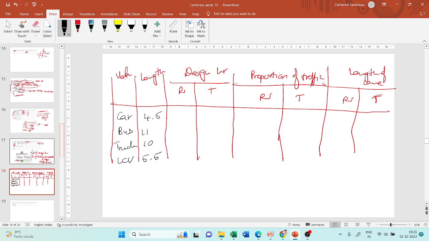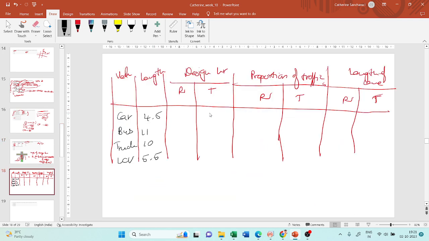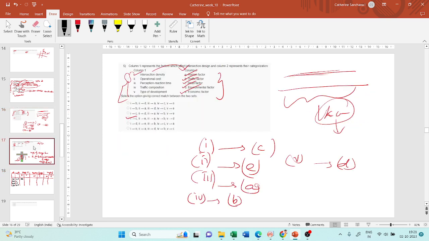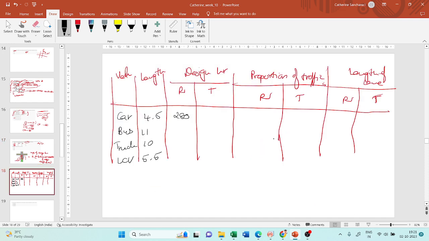So what is the design traffic that they've given you for right turning traffic and through? It is 280. Okay, which means there are 280 cars which make a right turn for that given hour. 280, 25, 15, 40.